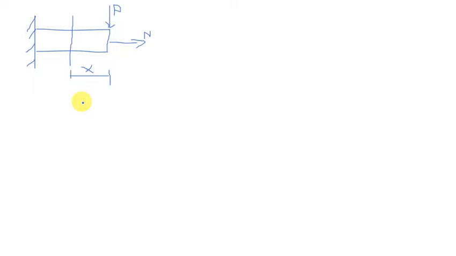Then what happens is, when you cut a section at this point, this load here will pull this member down. Allow me to use another color. So this force will try to move this member to this location here.